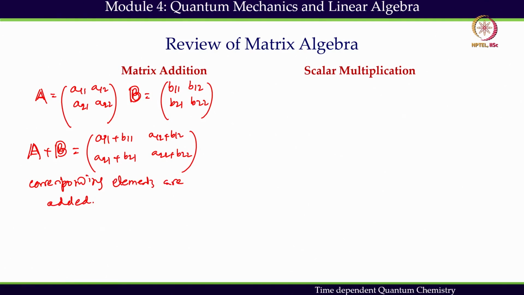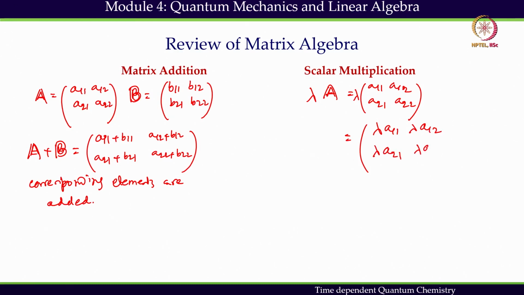Scalar multiplication: if I have a matrix like this, A11, A12, A21, A22, and I multiply by lambda, some scalar value, then each element is multiplied. So, lambda A11, lambda A12, lambda A21 and lambda A22.